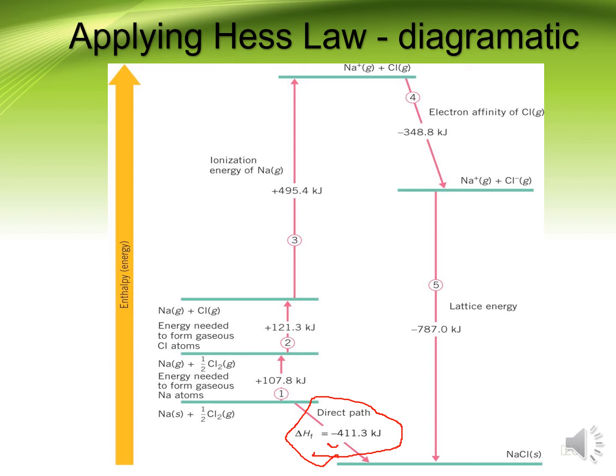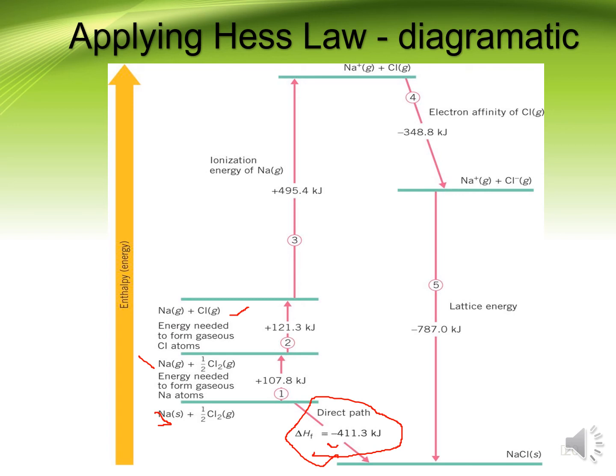First, look at here, sodium solid requires energy to form sodium gas, and chlorine molecule requires 131 kilojoules to form chlorine atom, and sodium requires energy to form cation.